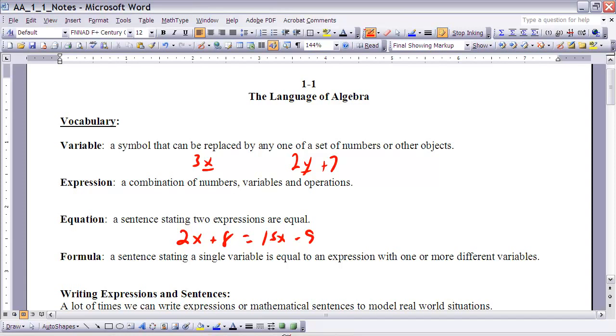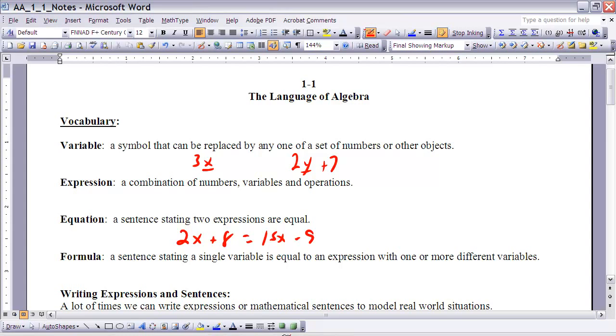Okay? And the fourth and last term that I want to talk about right now is the idea of a formula. And a formula is a sentence stating that a single variable is equal to an expression with one or more different variables. Now, you've encountered a number of formulas either last year in geometry or also in algebra a couple of years ago.